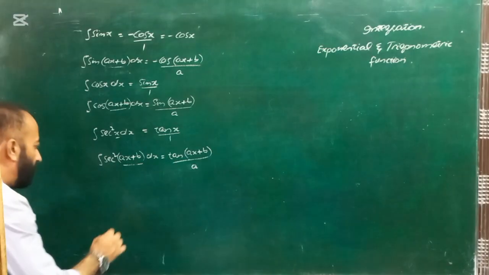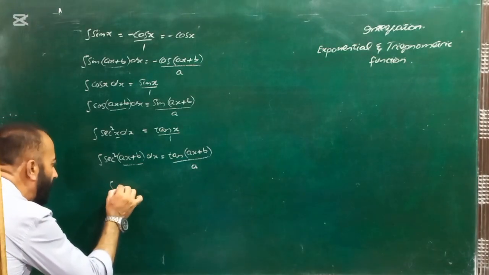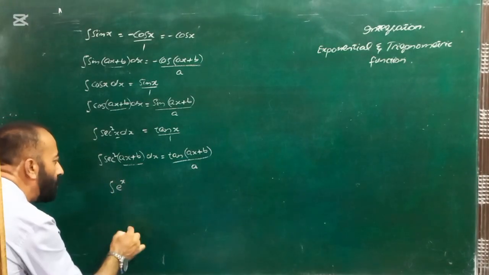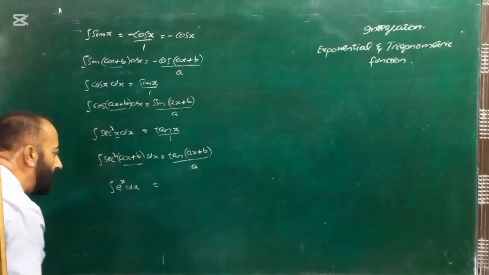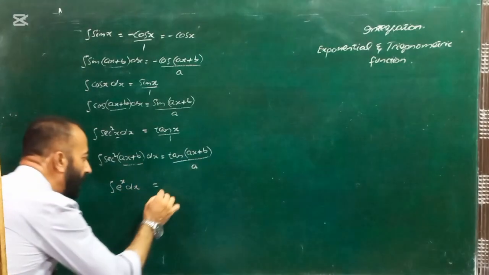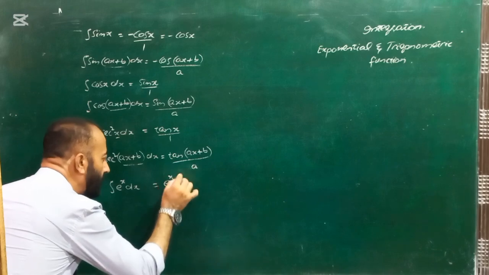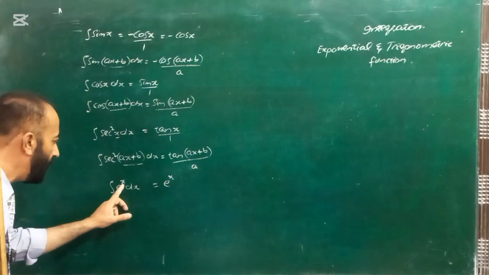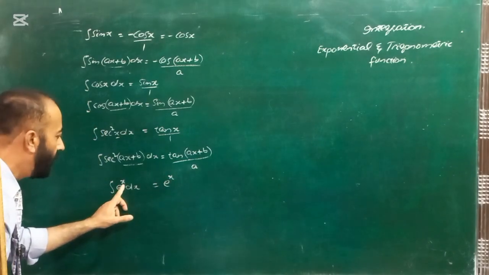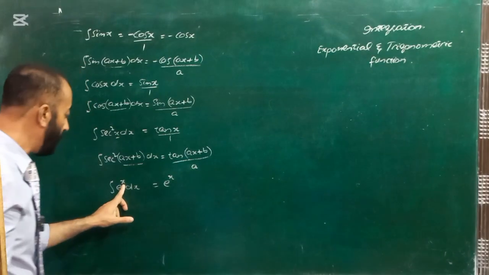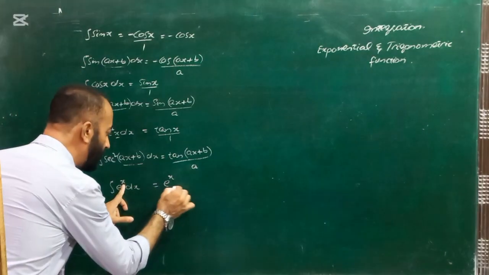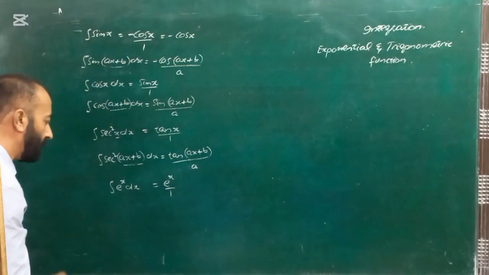Okay, next thing that we are going to do is integral of e raised to power x. So listen, integral of e^x is e^x, and then we differentiate the power, and whatever the answer is, we put it into the denominator.